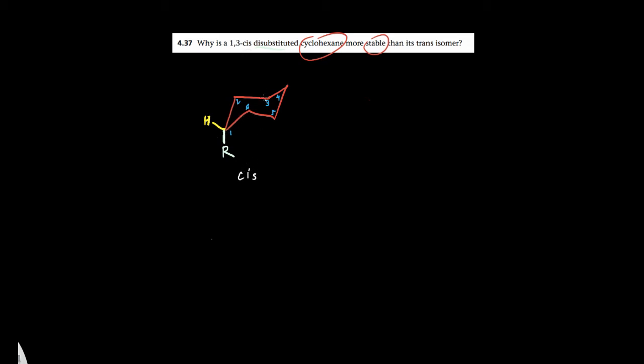And that means that in the 3 position, I'm going to put my axial positions in first. So up, up, and up here. And we've got down, down, and down here. So where the carbons of the cyclohexane ring point down, that's where the axial positions point down.